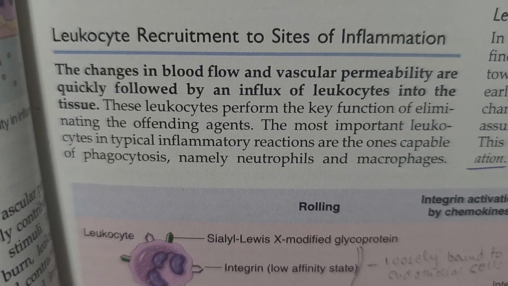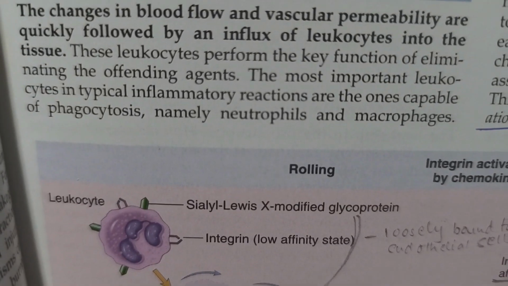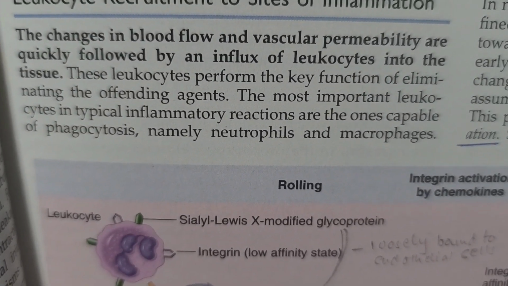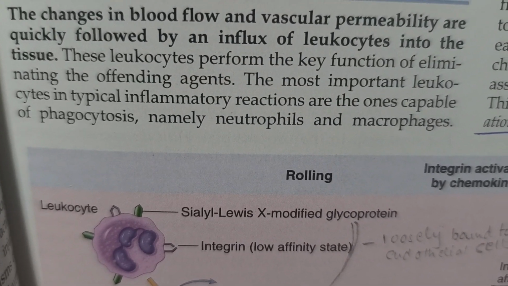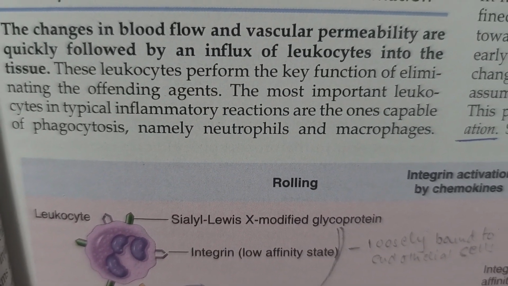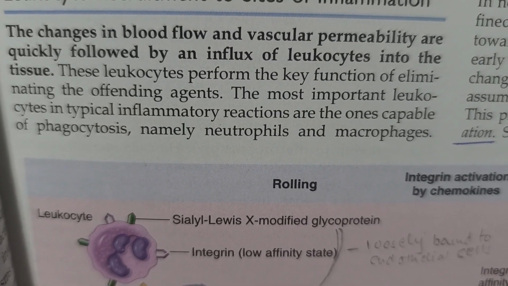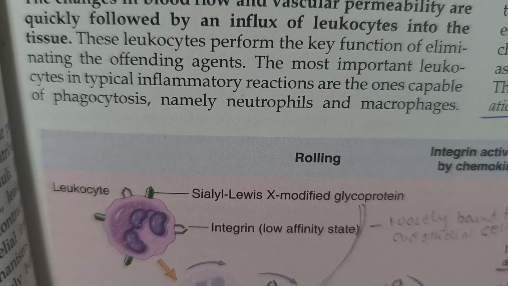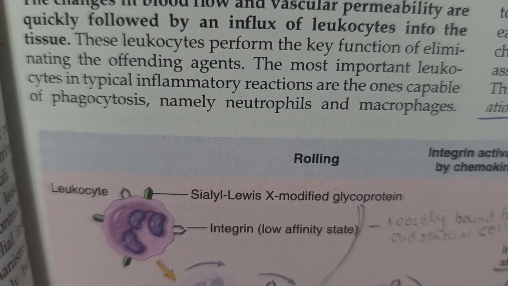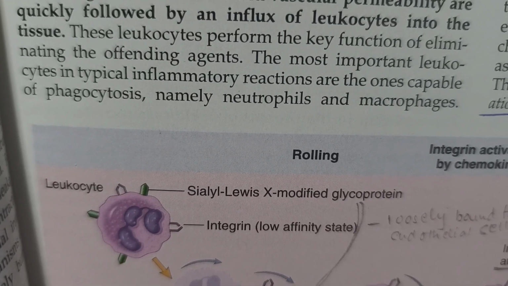Leukocyte recruitment to sites of inflammation. The changes in blood flow and vascular permeability are quickly followed by influx of leukocytes into the tissue. These leukocytes perform the key function of eliminating the offending agents.